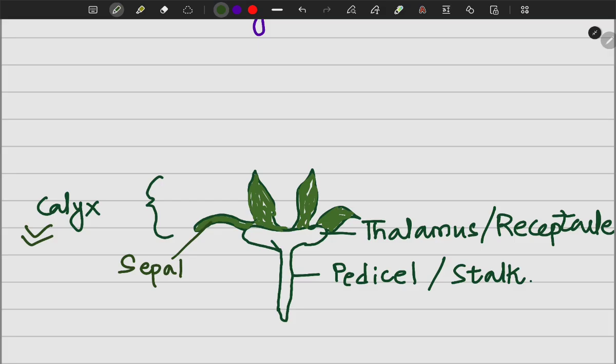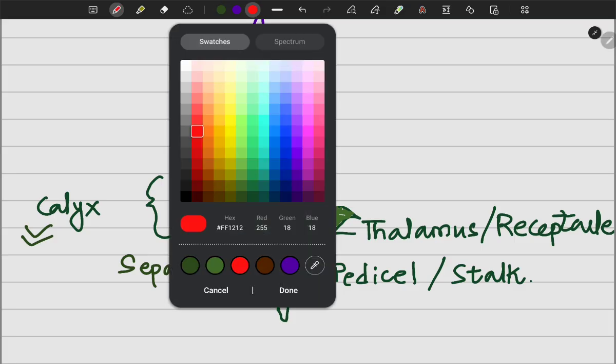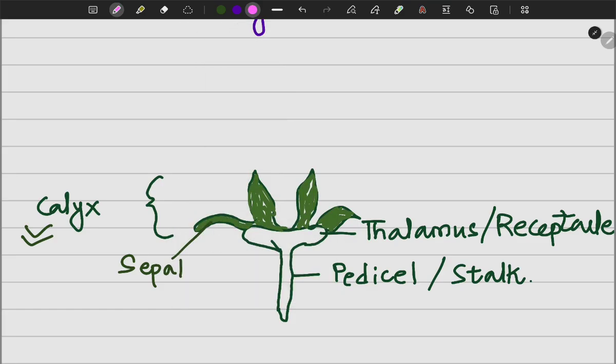Now let us move on to the next part of the flower, which is the corolla. So at the top of the calyx we have another whorl which is usually very brightly colored, and the color may vary from one plant to the other.